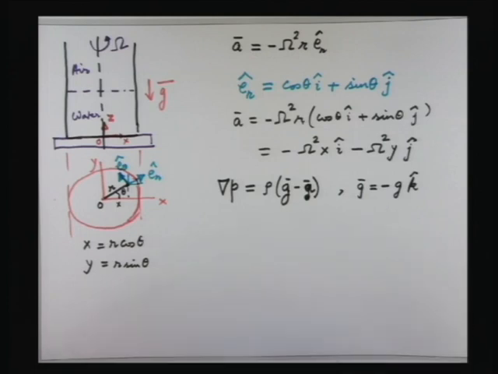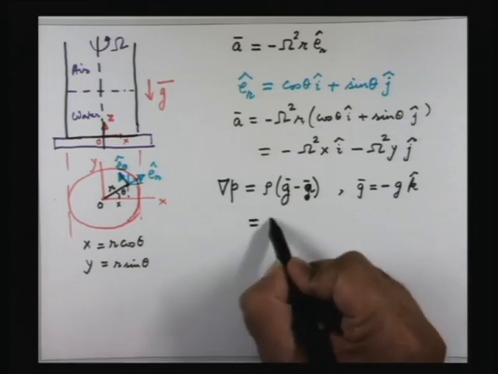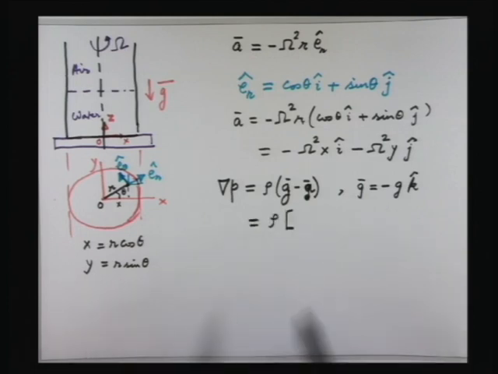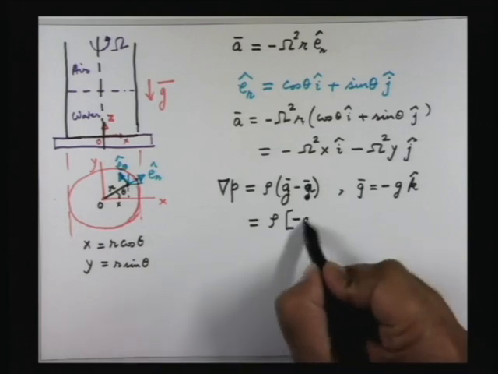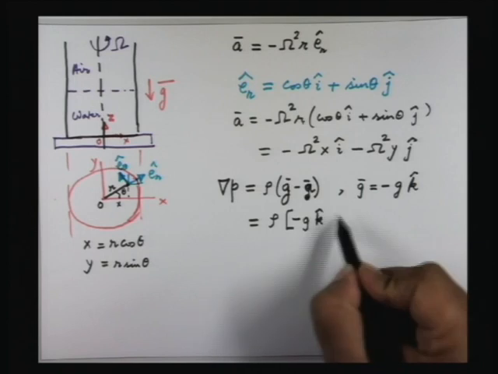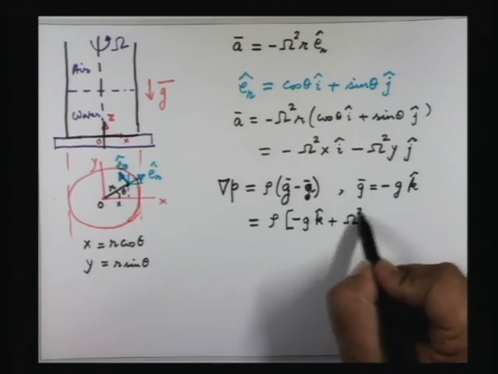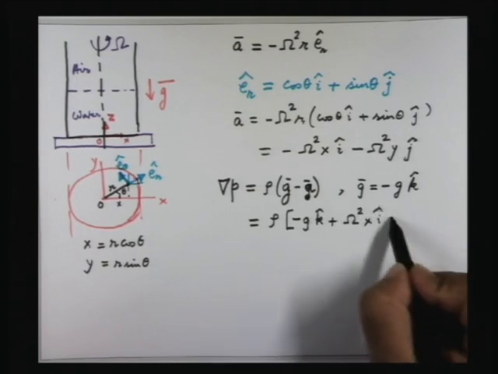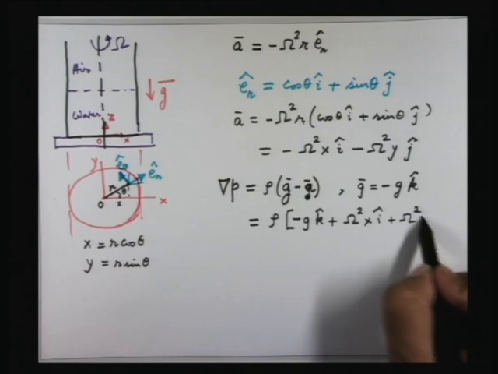Now I can write this as rho of minus gk plus omega squared x i plus omega squared y j.